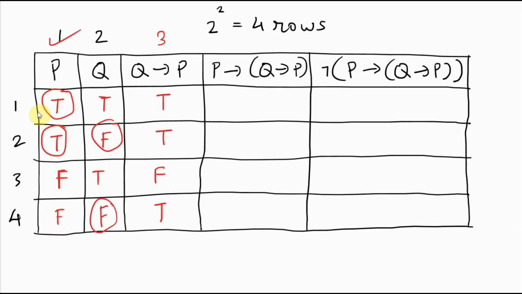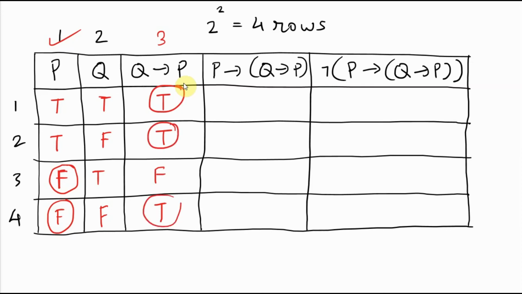We can use both of these columns to find the value of P implies Q implies P. So let's find all the false entries for P. Whenever P is false and Q implies P is true, it is going to be true.